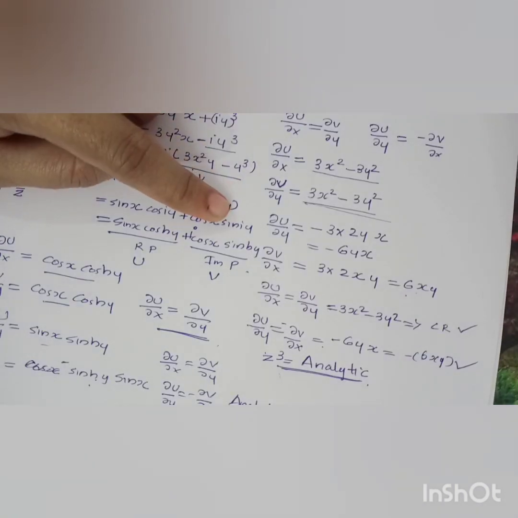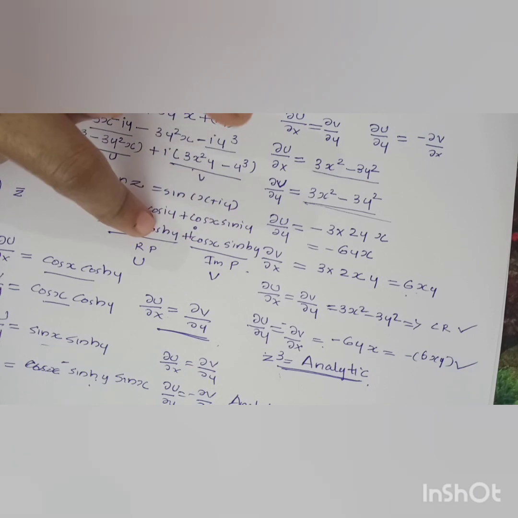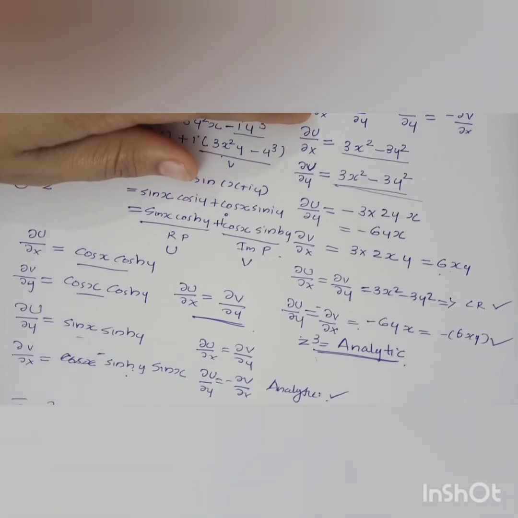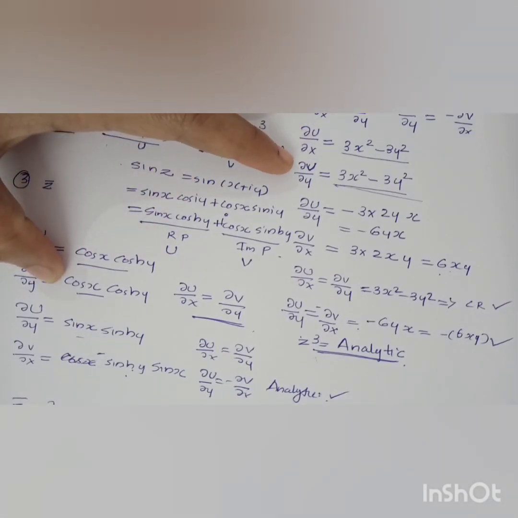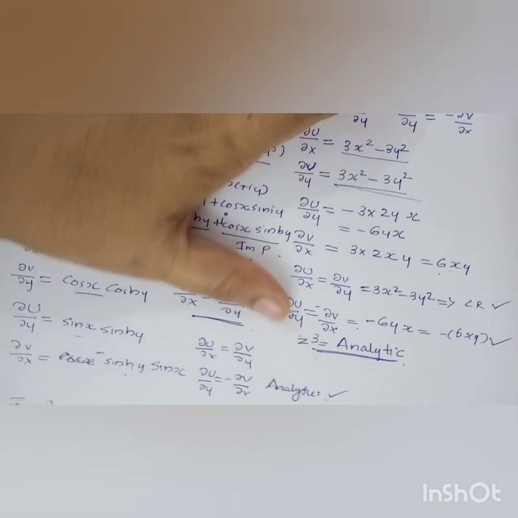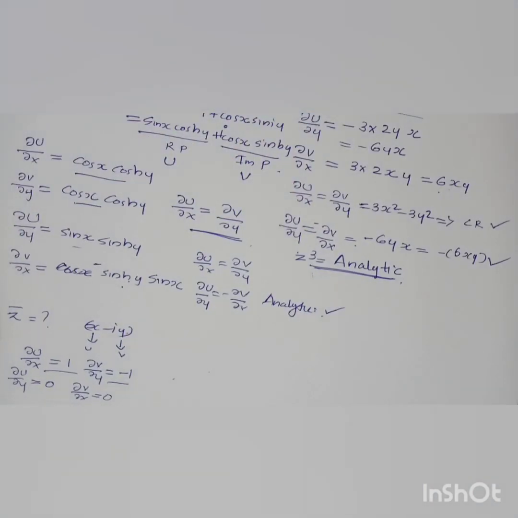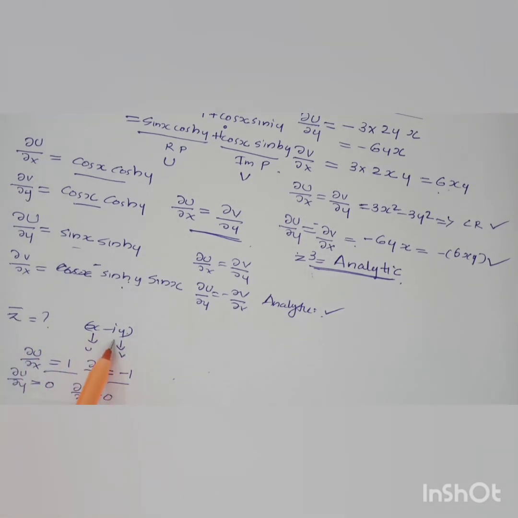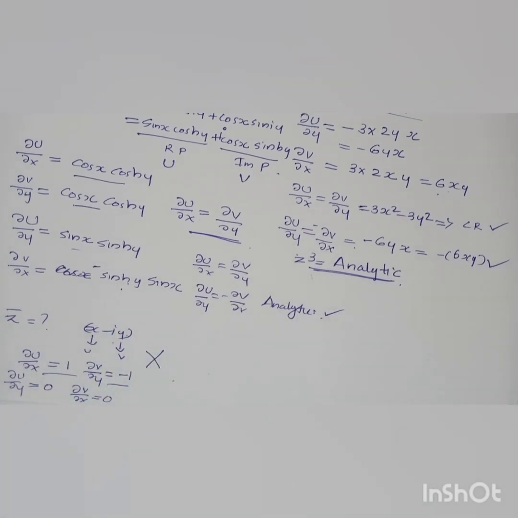From that we can separate the real part and the imaginary part, and we solve ∂u/∂x and ∂v/∂y, and we get that it is also analytic. And the next function, z bar, that is x minus iy, and we find that ∂u/∂x and ∂v/∂y are not the same, so the Cauchy-Riemann condition is not satisfied there, so it is not analytic.